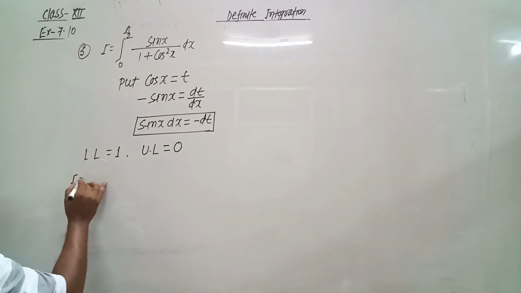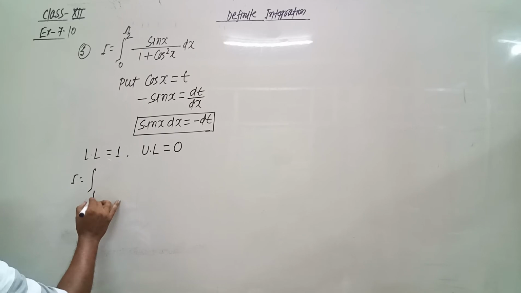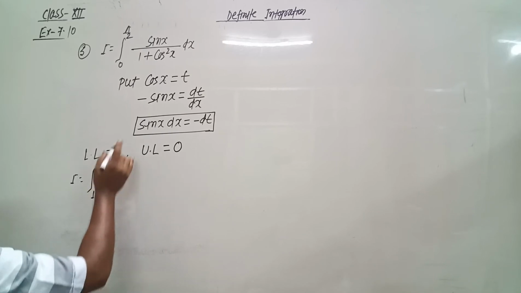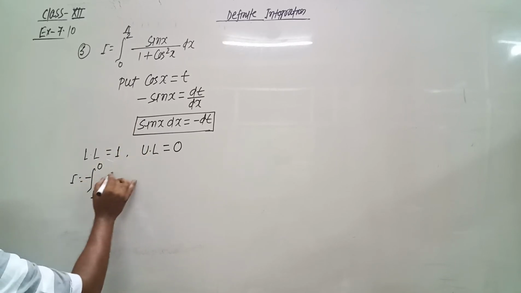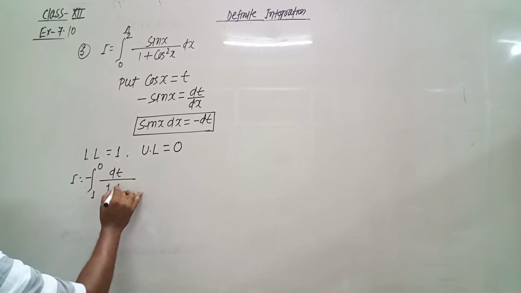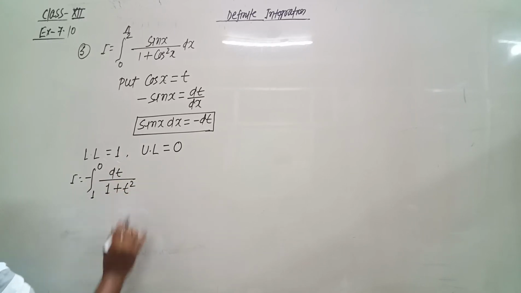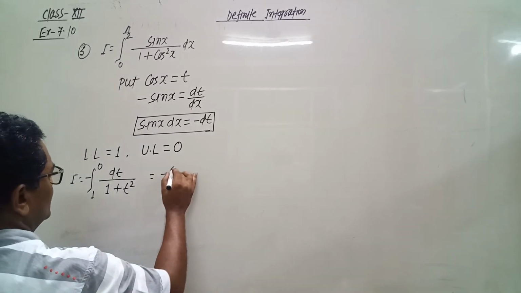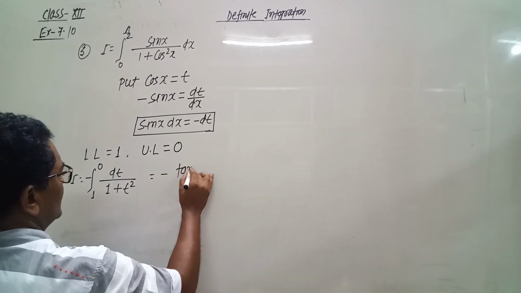Now I equals integration from 1 to 0, and sin x dx is written as minus of dt upon 1 plus cos square x, which is written as t square. This is the form dx upon x square plus a square, whose integration is tan inverse of x by a.